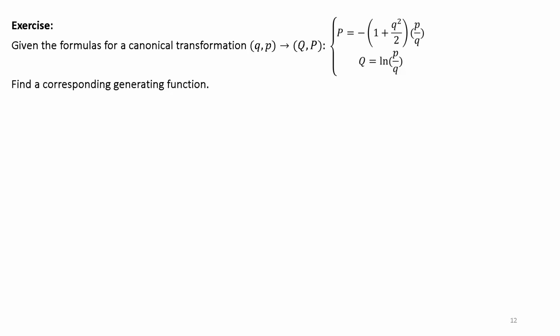But there's another way which I'll talk about a bit later: without explicitly finding the generating function, we can also test whether a given transformation is canonical or not. But let's do it first.